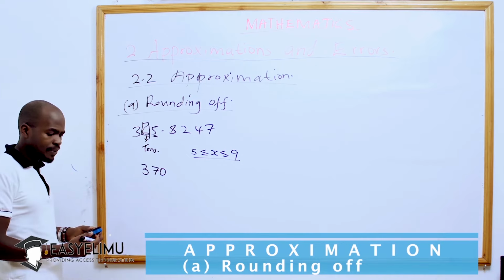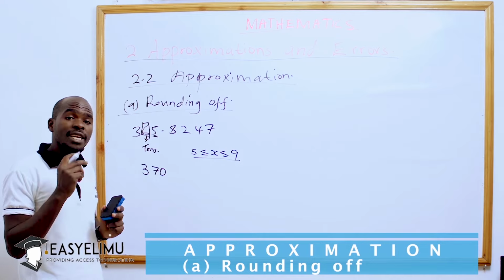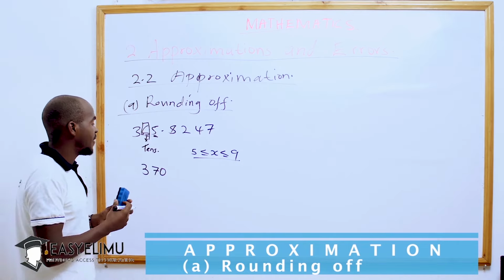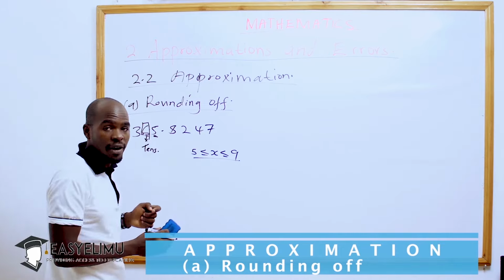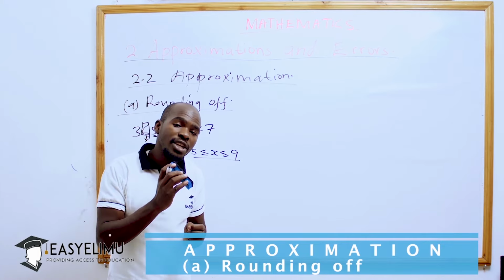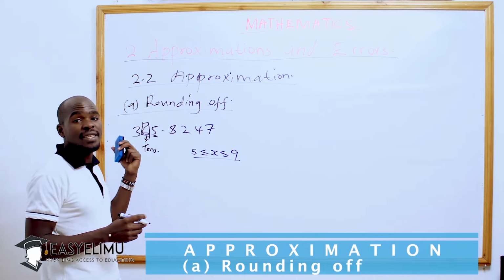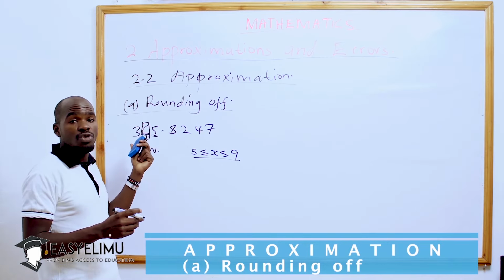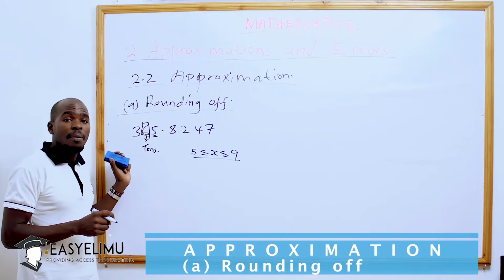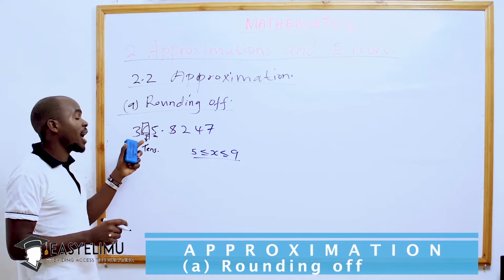What do I mean? If you want to round off any given number, we check the number adjacent to it on the right hand side. If the number is within the range of 5 to 9, we round the number to the nearest ten. So the number which we need to round off will add 1 to become a new number.